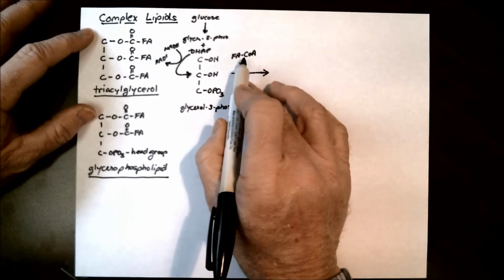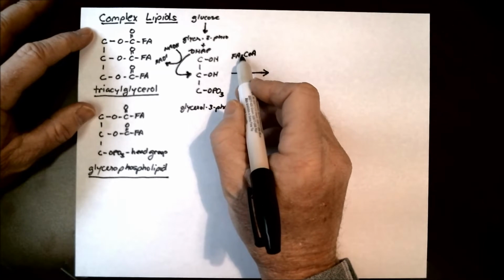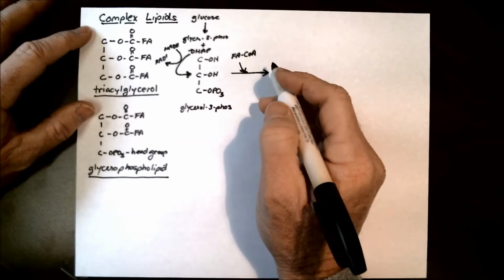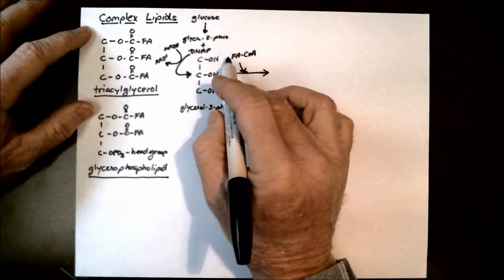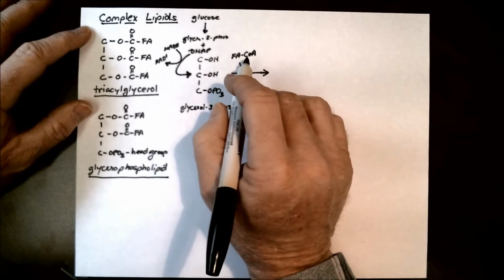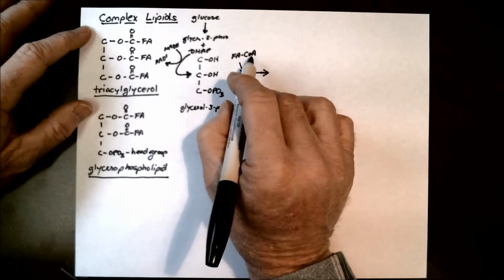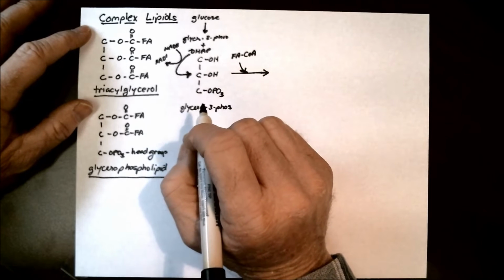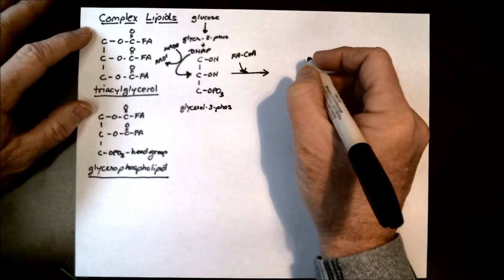Remember, this fatty acyl CoA has a high energy bond, so this bond here, energy is going to drive this reaction forward. And because we are in a fed state, this is the product of the fatty acyl synthetase enzyme that is going to conjugate CoASH onto fatty acid and hydrolyze ATP to introduce the energy we need for the reaction.